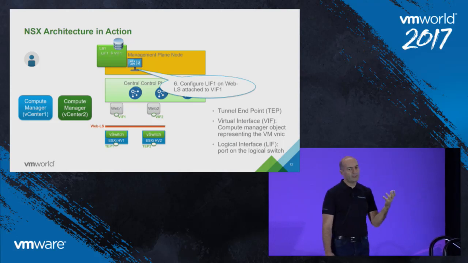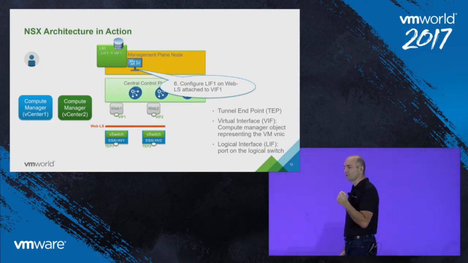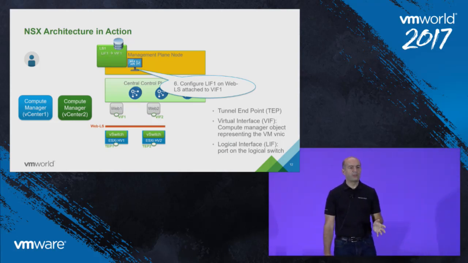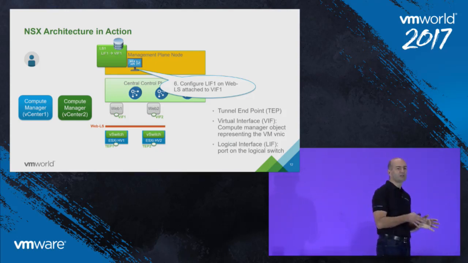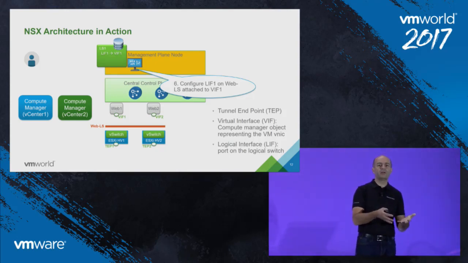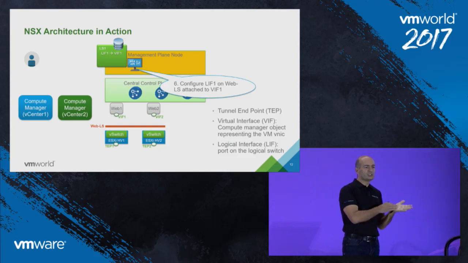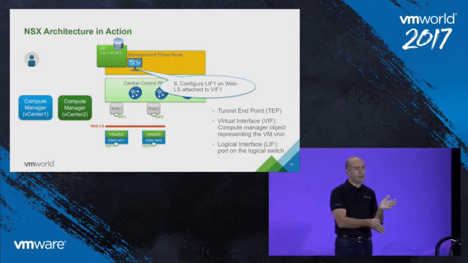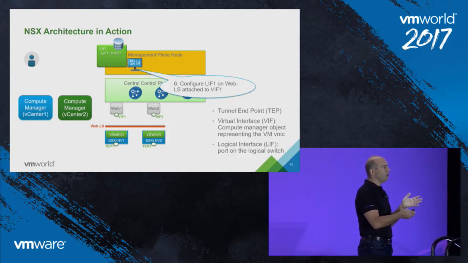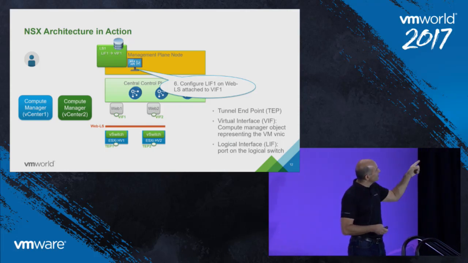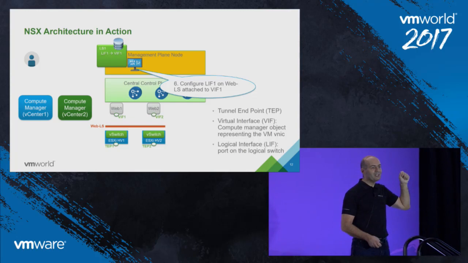The role of the manager is always to store this configuration, or desired configuration, where we want to end up: logical switch WebLS, and on it, I have a port. Note that it's not VIF1 that I'm storing, it's LIF1. So LIF1 is a counterpart of the VIF.